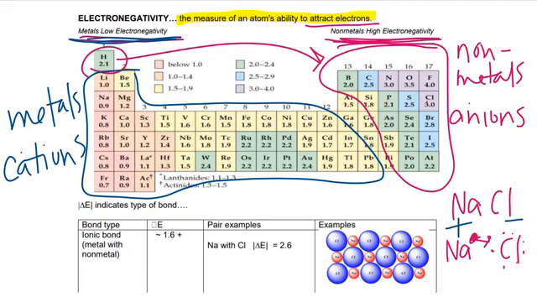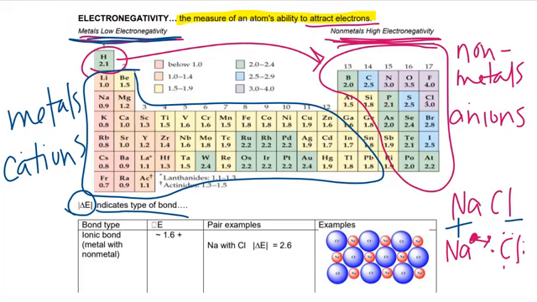All right, so this comes in handy because we're going to use these numbers to look at the species within a compound, and we're going to find delta E, which is the difference in electronegativity, and it actually indicates the type of bond. We just talked about ionic bonds and covalent bonds.